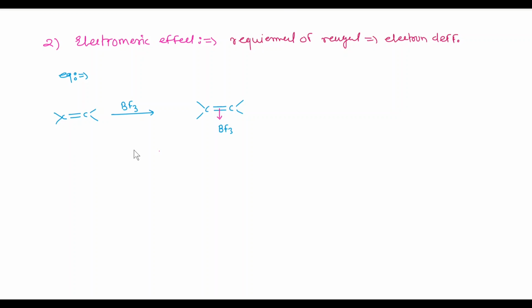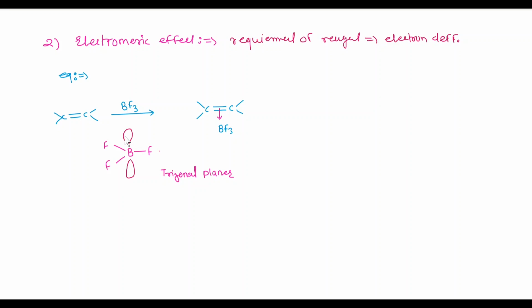Let us see first the structure of BF3. Boron has valency 3 and the structure is trigonal planar, and in the BF3 molecule there is one vacant orbital perpendicular to this plane, which is responsible for accepting the electron from the carbon-carbon double bond and forming the pi complex.